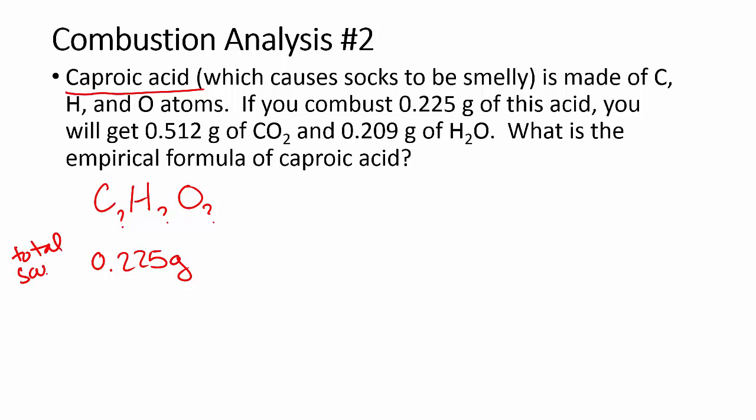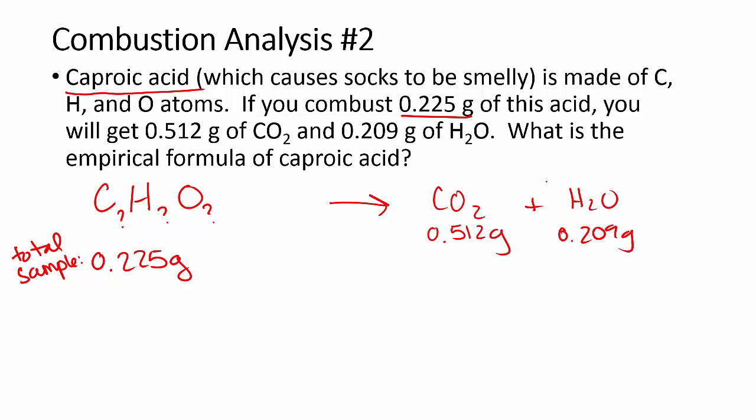So my total sample of acid weighs 0.225 grams. And that when I combust it, I get 0.512 grams of CO2 and 0.209 grams of H2O. And we're trying to figure out what is the empirical formula. So we're trying to answer the question, what are those subscripts there?